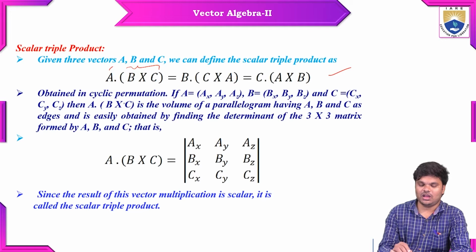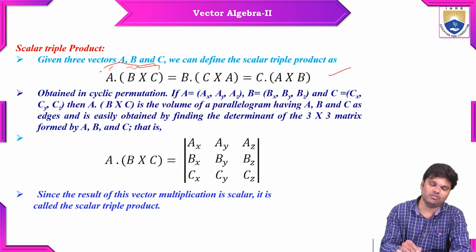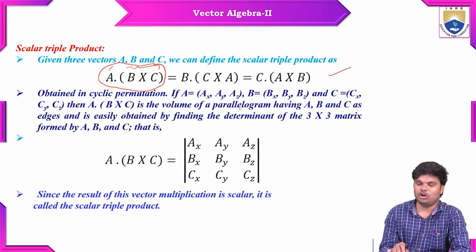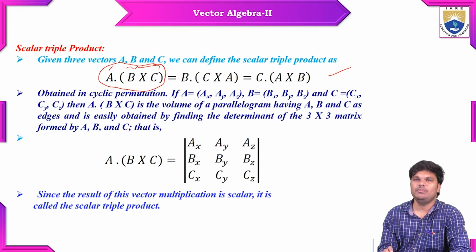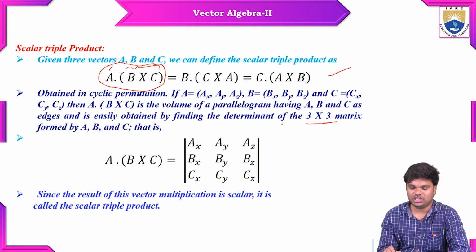And what is the magnitude of this scalar result? It is nothing but the volume of the parallelepiped formed by A, B, and C as edges. And it can be easily obtained by finding the determinant of the 3 cross 3 matrix.